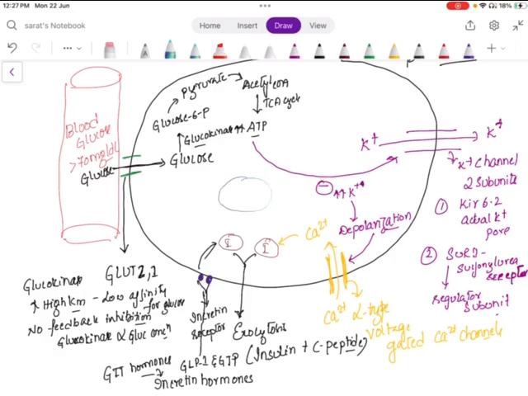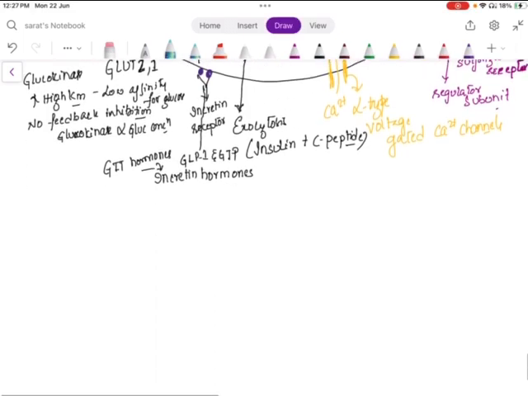And there is one more factor, HNF. These are called hepatocyte nuclear factors. This HNF also causes insulin release. What is HNF?